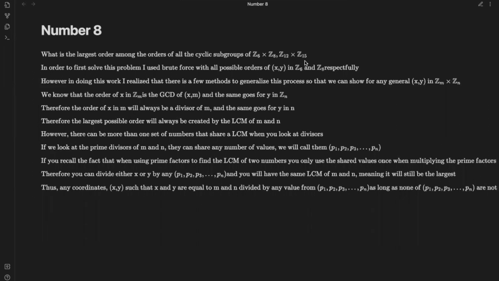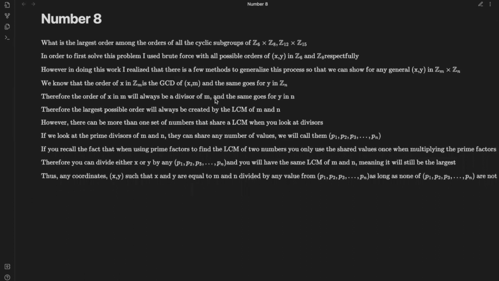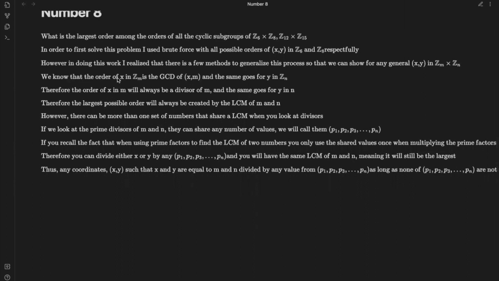So instead, I worked on this rough proof that shows how to find the largest order among any orders generally, and what those generators will be. So we know that the order of x in Zm is m divided by the GCD of x and m, and the same goes for y in Zn.